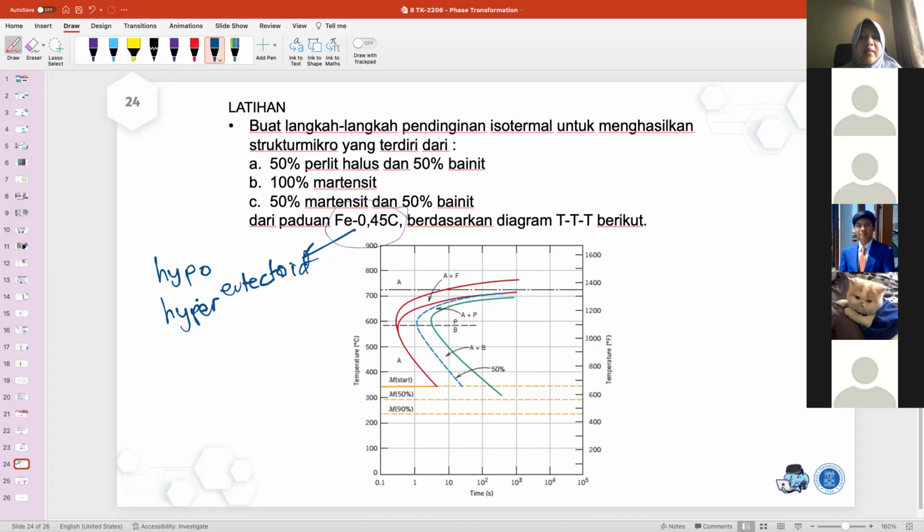Who wants to try to answer? With the eutectoid composition, 0.76%, is it lower or higher?